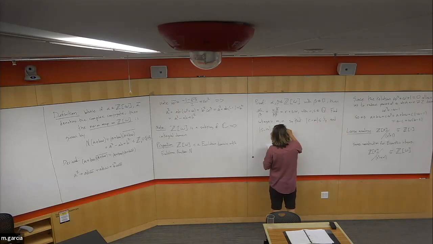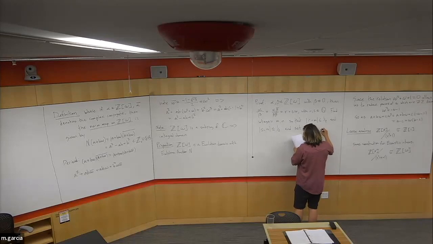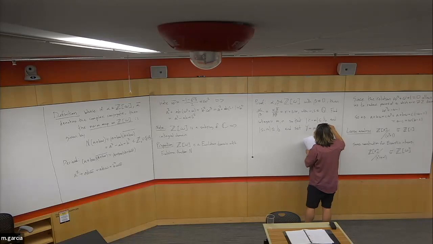And what we'll do is set a new Eisenstein integer gamma to be equal to m plus n omega.